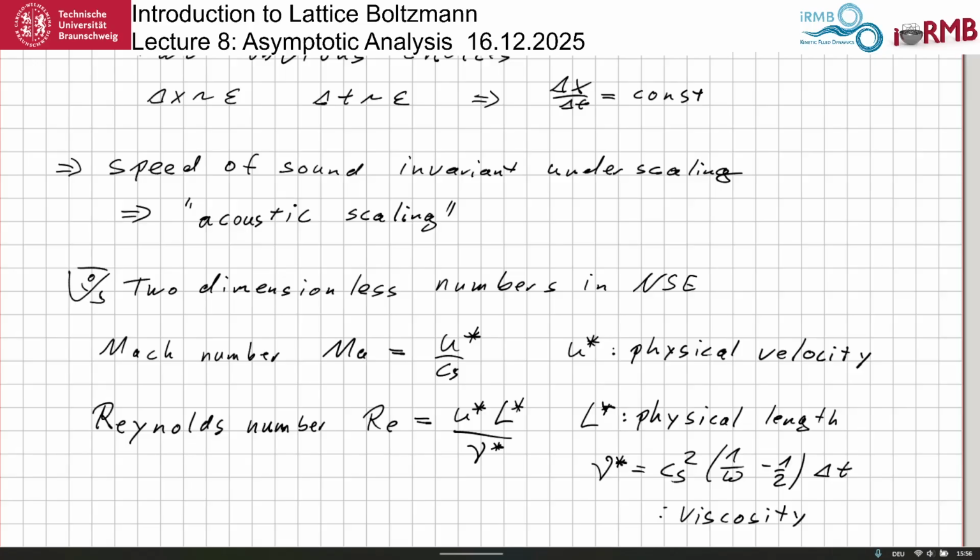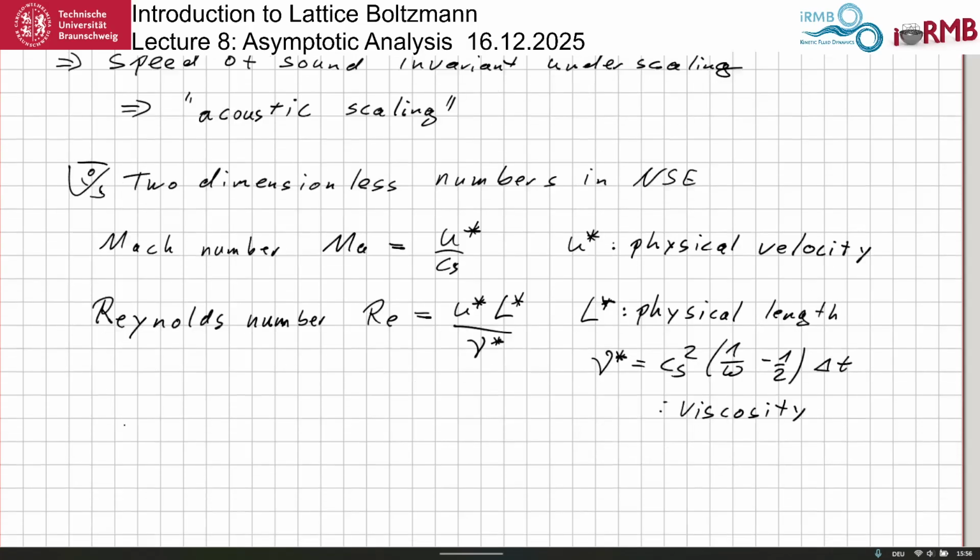So that means we can write our Reynolds number in the following way: Re equals U asterisk times L asterisk divided by cs squared times 1 over omega minus 1/2 times delta t, which we can also express by the Mach number.